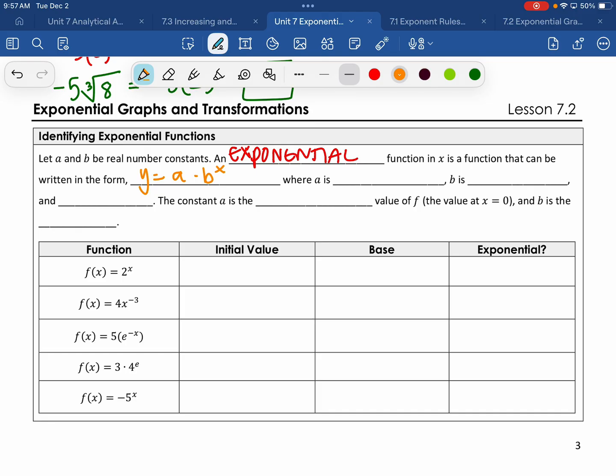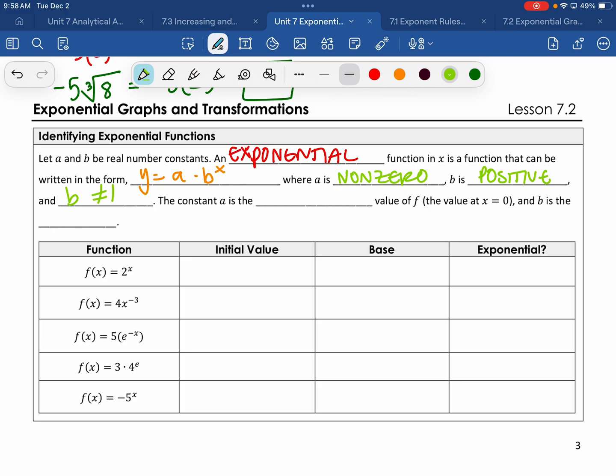So an exponential is going to have x in the exponent. A is going to be your initial condition, and b is going to be your base. A cannot be 0. B is always positive, and b cannot be 1.